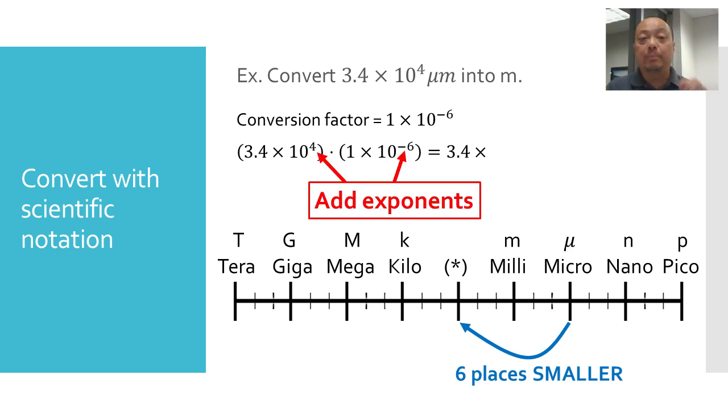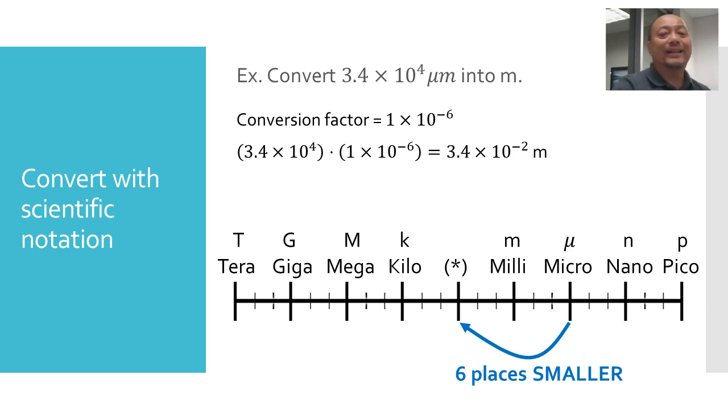The powers of 10 multiply by adding the exponents. 4 plus negative 6 equals negative 2. The answer is 3.4 times 10 to the negative 2 meters. That's the answer. If you want to, you can convert the scientific notation into decimal, and then it's 0.034 meters.